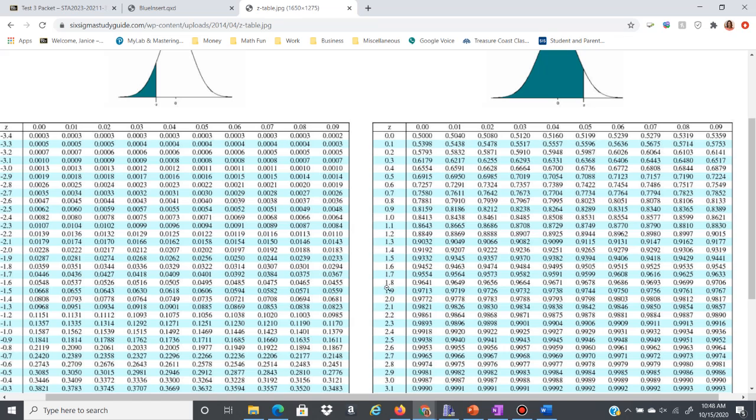So 1.9 is right here. Then if you go across, it gives you the value in the hundredths place. So you're going to look for 0.05 where those will meet, and that will be right here, at 0.9744. So that's 1.95, 0.9744.